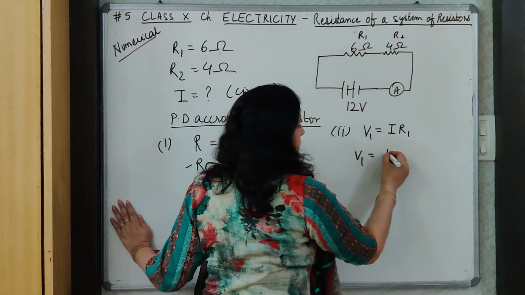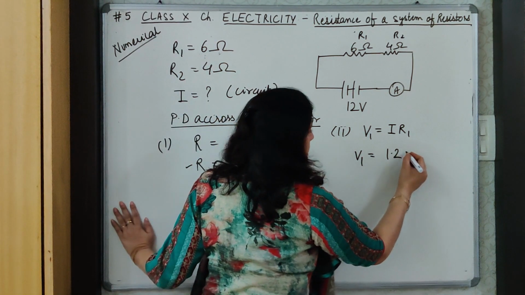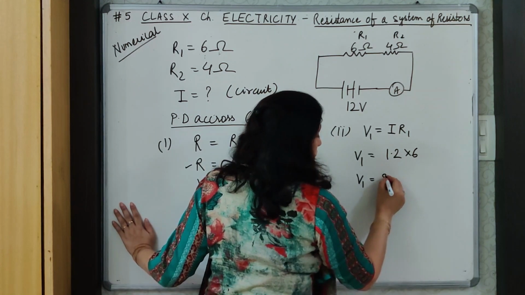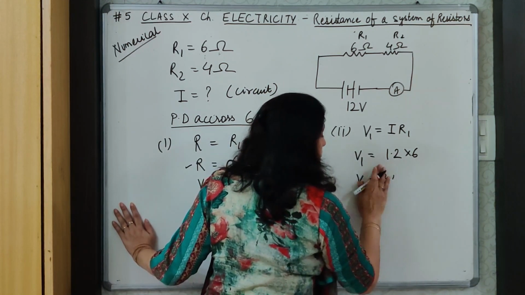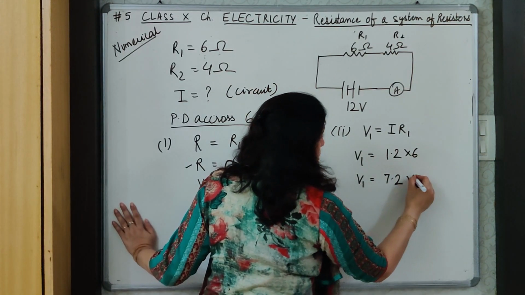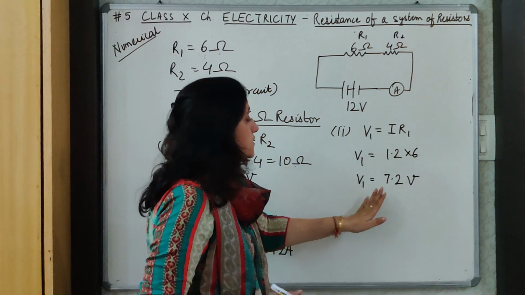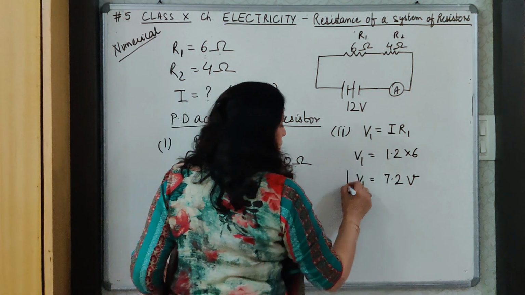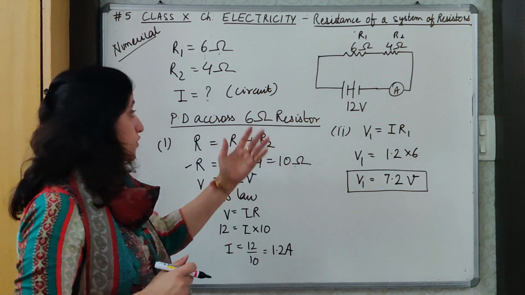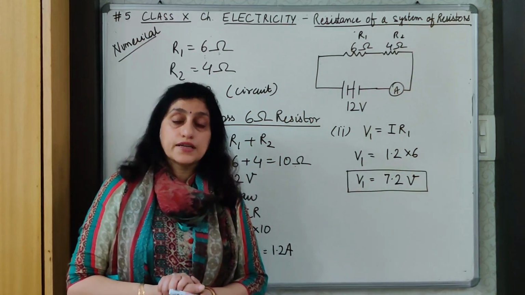I is 1.2 and R is 6. So I get V1 is equal to 7.2 volt. So how much is the voltage across this resistor? It is 7.2 volt because I know that in series potential difference is different. And if current is asked, we quote the same current because it remains the same. I hope this is clear to you.